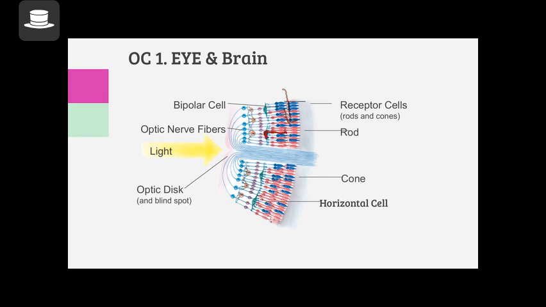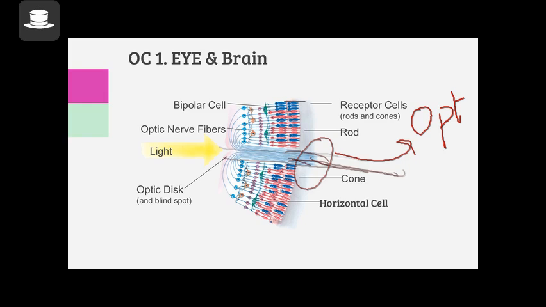from bipolar cells to the ganglion cells. And the axons of the ganglion cells come out of each eyeball as a bundle of axons, forming a nerve called the optic nerve.